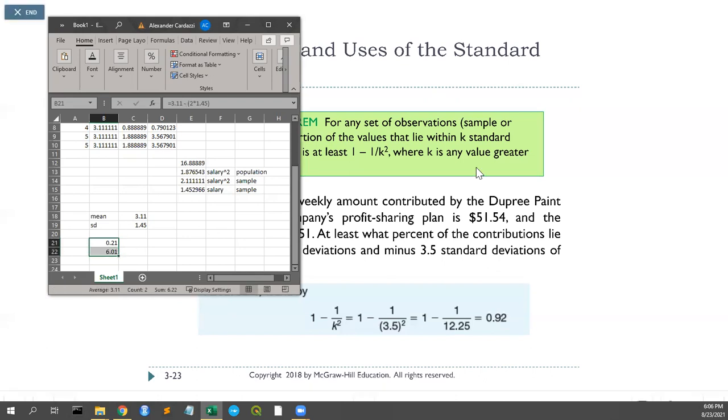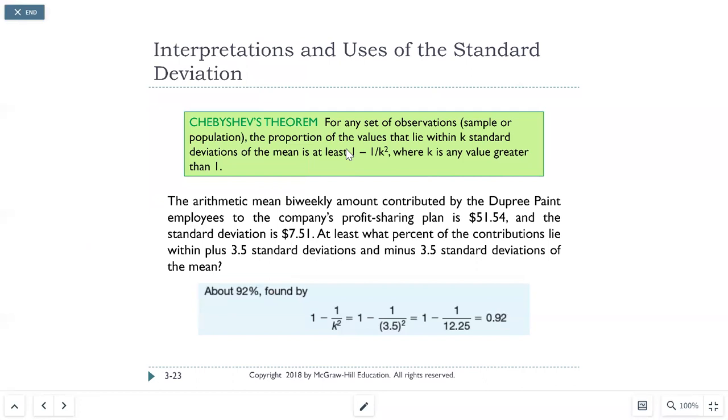So between 2 standard deviations, Chebyshev is going to say that at least 1 minus 1 over k squared of observations lie within that range.